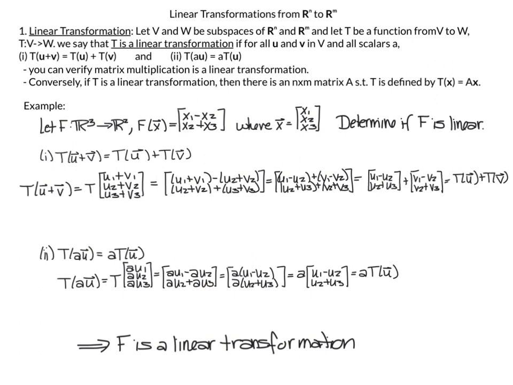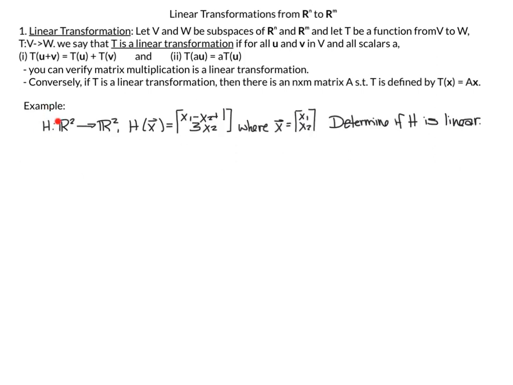I keep wanting to say x2 plus x3, but here it is in u's. So I can factor out my a algebraically, and because of scalar multiplication of vectors, I can pull out my a. So then what I get at the end is a times T of u. So since both conditions are met, f is a linear transformation.